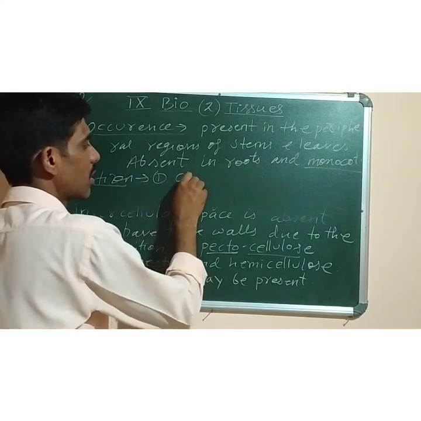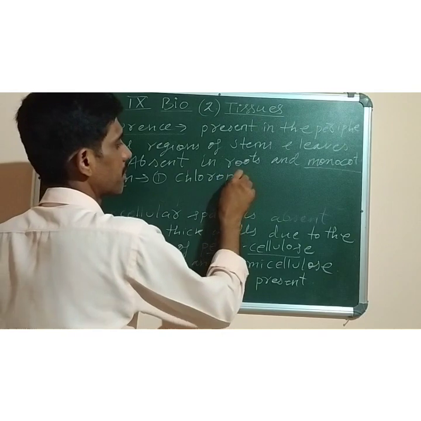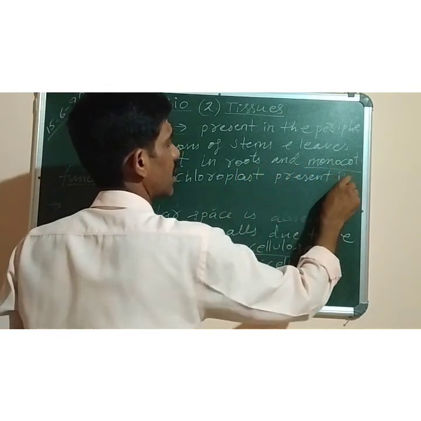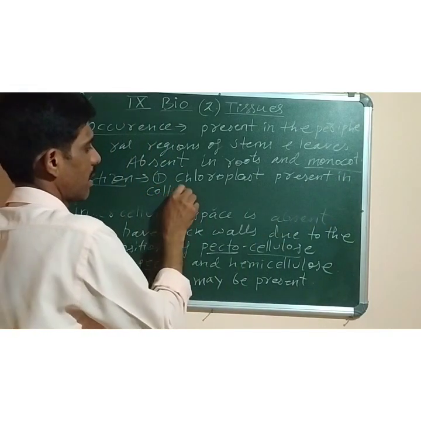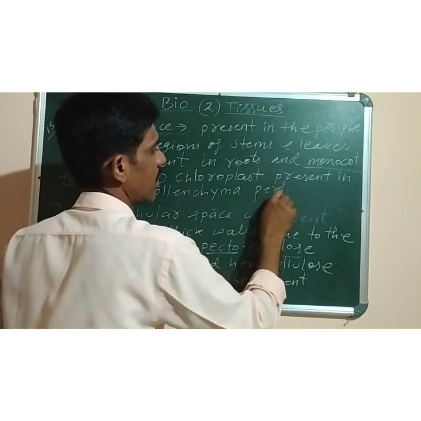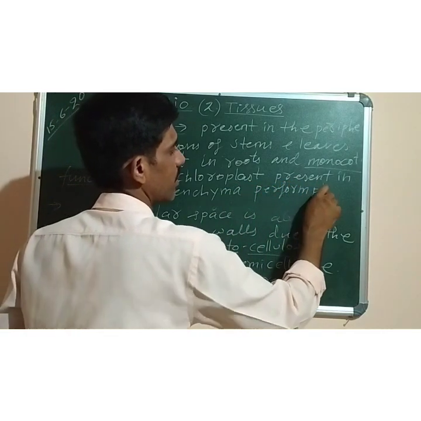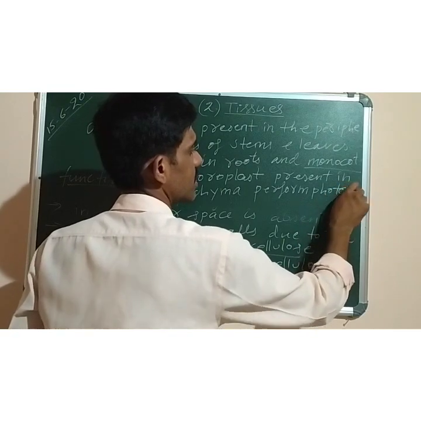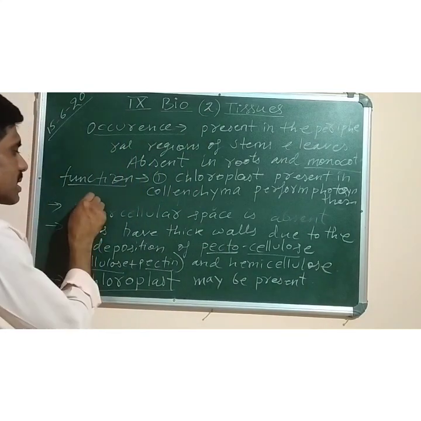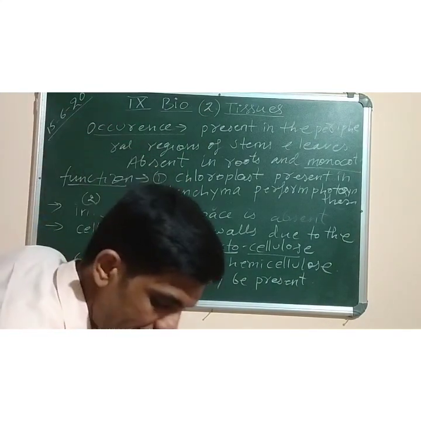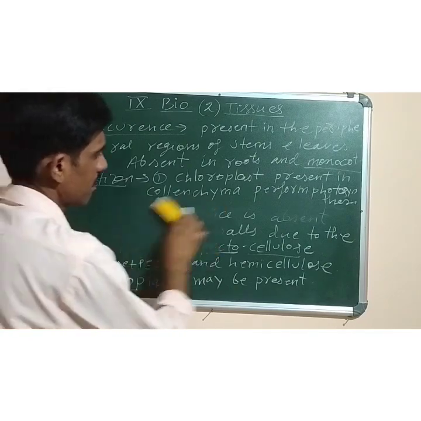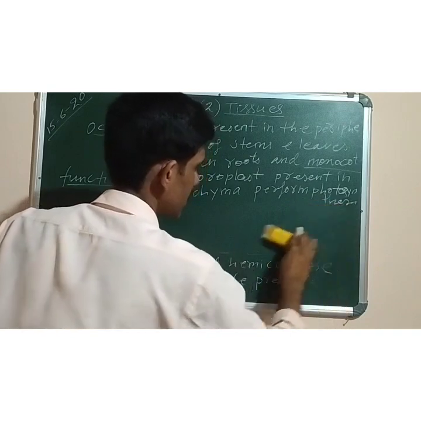If chloroplast is present in collenchyma, it performs photosynthesis or helps in photosynthesis. And the second point is it provides mechanical support also. So we can write the second function of collenchyma tissue.